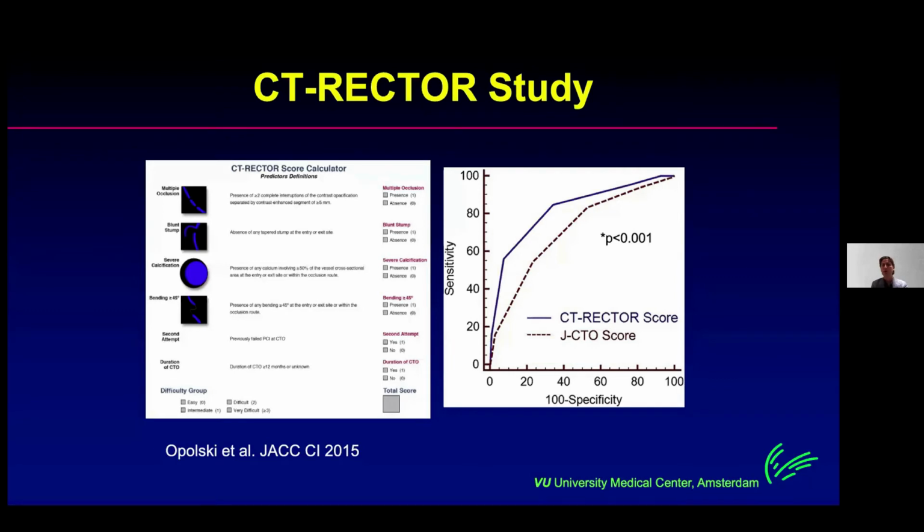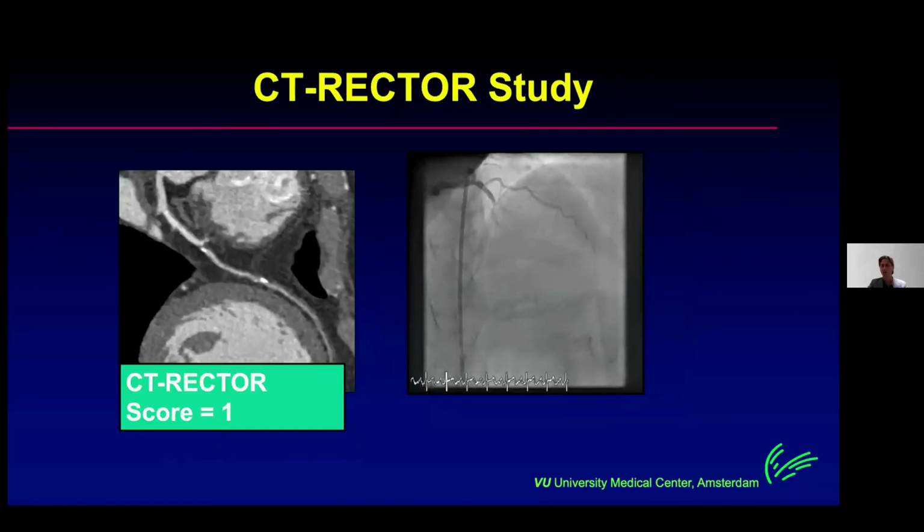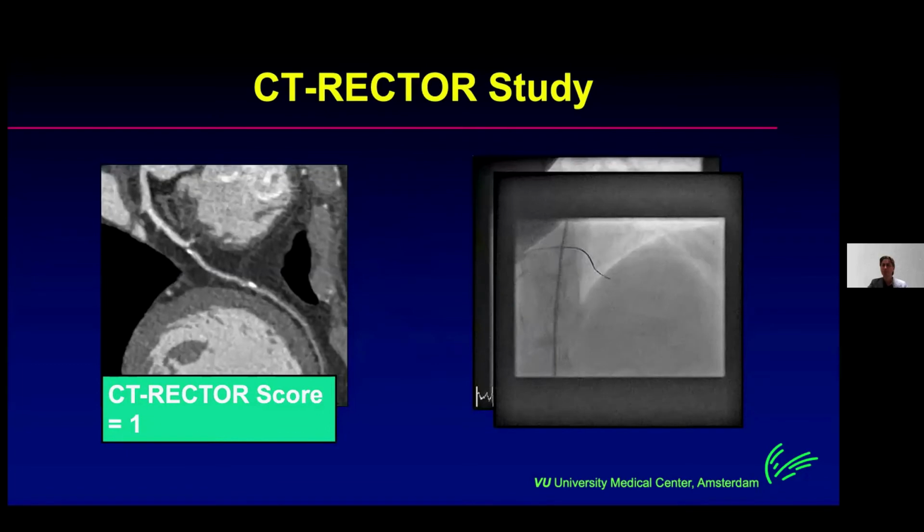So this is not by say a need to know, but we know in Japan and the rest of the Asian world that basically everybody with a CTO procedure will now get one of these. This is an example. This is a CT-RECTOR score of 1. Maybe difficult to open, but very easily because the CT-RECTOR score is so low.